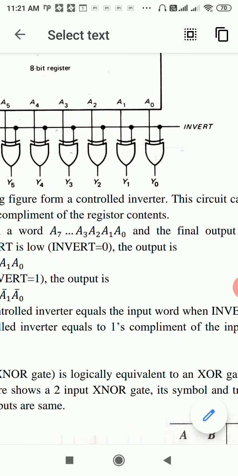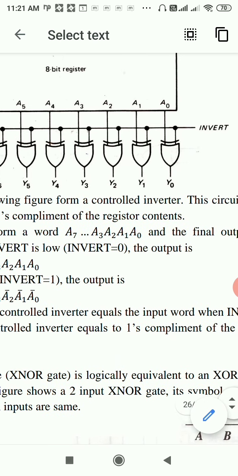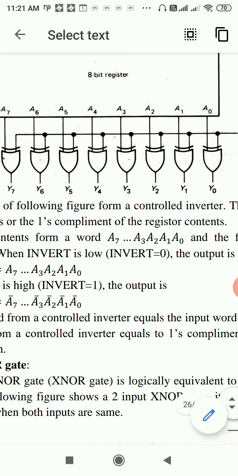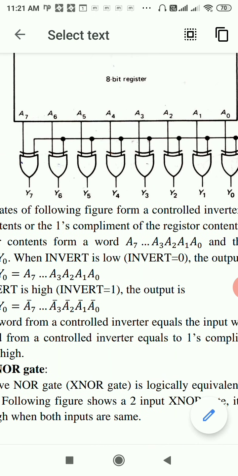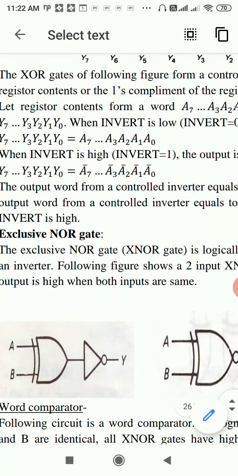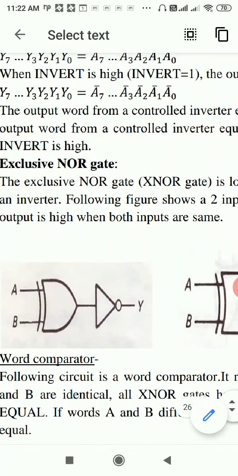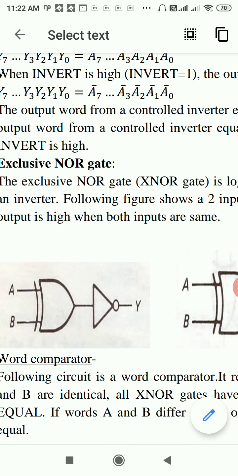Now when invert is 1, we get output Y0 as A0 bar, output Y1 as A1 bar, output Y2 as A2 bar, and so on. So the output word now obtained will be the ones complement of the word that is stored in this 8-bit register. And if invert is high, output word now will become A7 bar, A6 bar, A5 bar up to A0 bar.